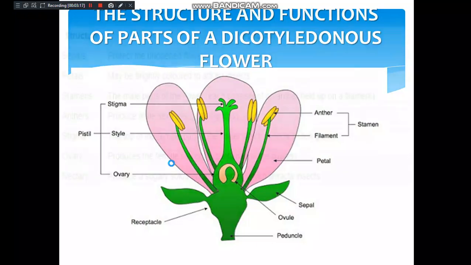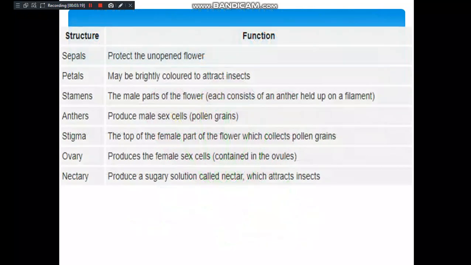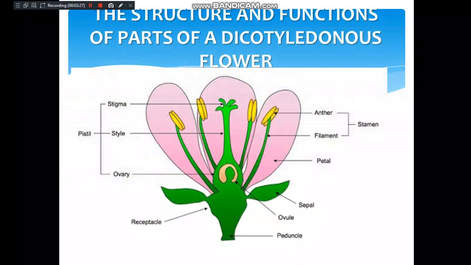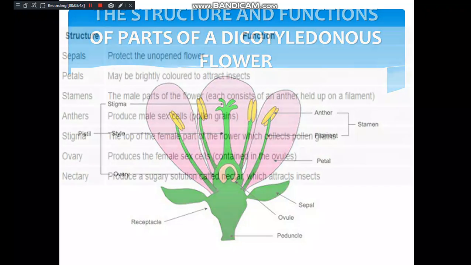And then we look at the petals. These may be brightly colored to attract insects, as you can see in this representation here, that the petals are brightly colored. This is to attract insects most of the time.